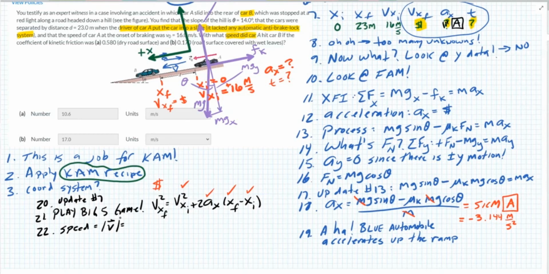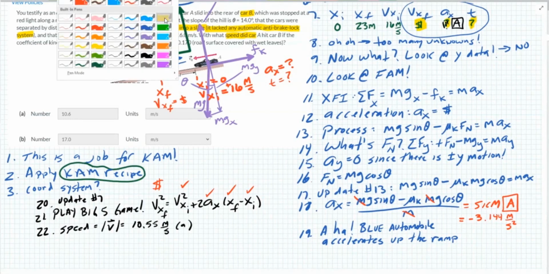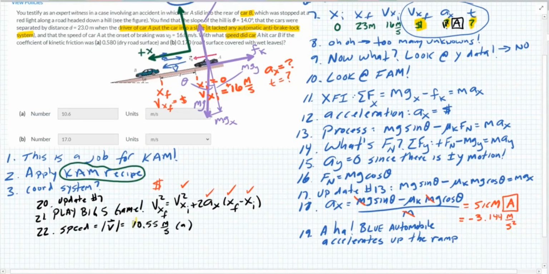Okay, 10.55. This is my speed, 10.55 meters per second. That is the answer to part A, thanks in large part to kinematics analysis method and force analysis method.